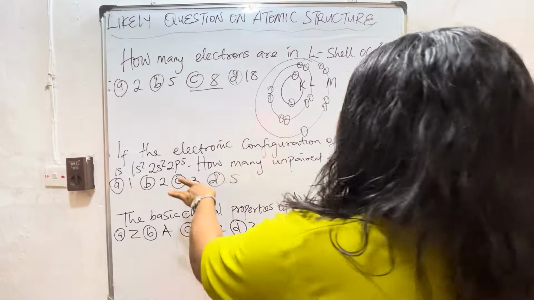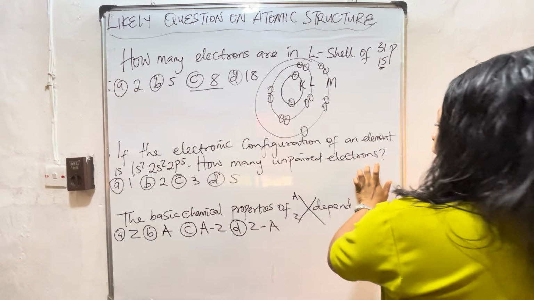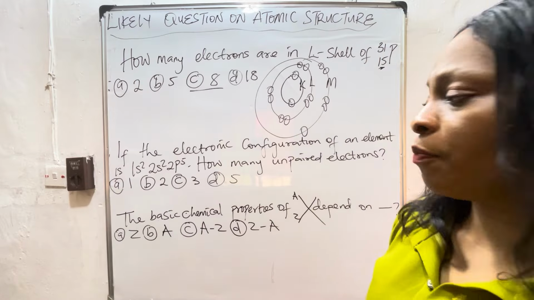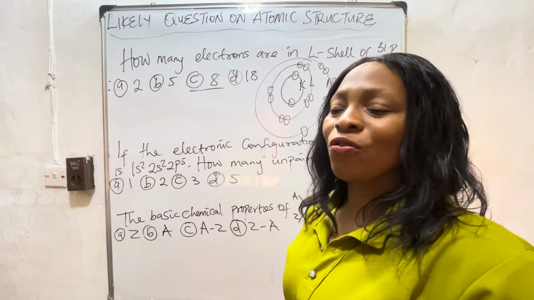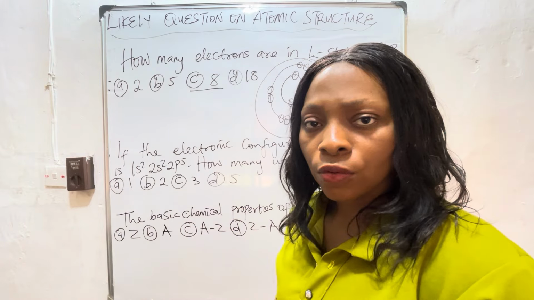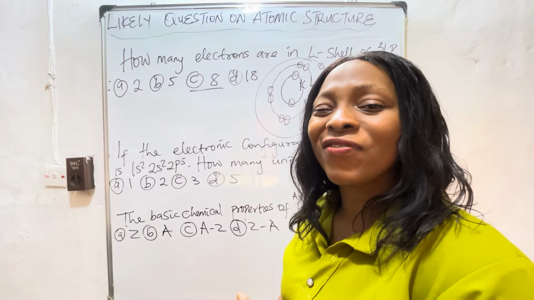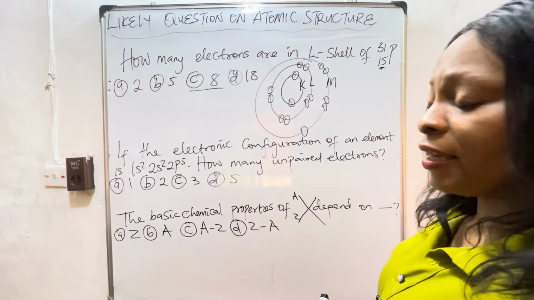If the electronic configuration of an element is this, how many unpaired electrons does this element have? Now, when you hear unpaired electrons, simply go to your p orbital. Unpaired electrons, simply visit what? The p orbital, so that you quickly find your unpaired electrons.